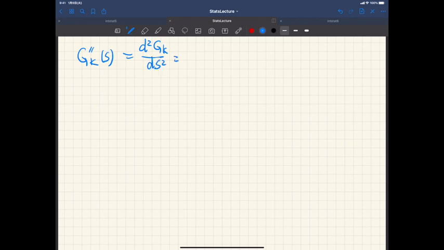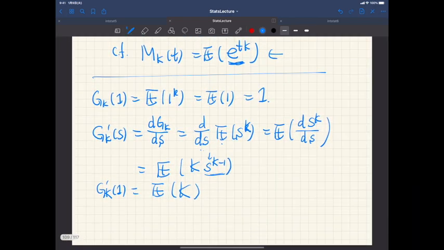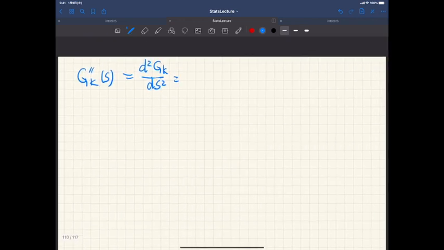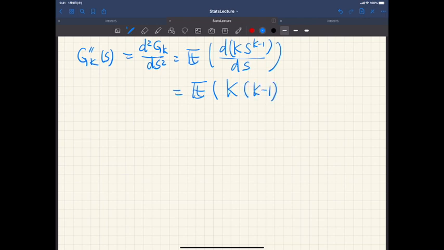Now if you differentiate this, you have the expectation value of k times (k minus 1) times s to the power of k minus 2.